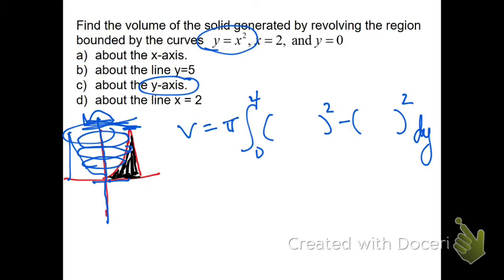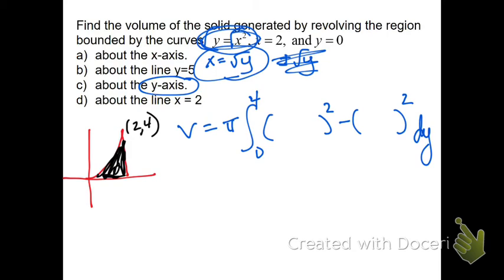So square root both sides, and you get that x is equal to the square root of y. It's actually plus or minus the square root of y, but we have the positive side. If it was over here, it would be the negative side. So when we use that parabola, we're going to use this equation, not this one anymore.